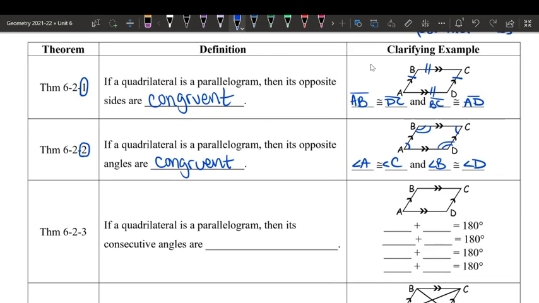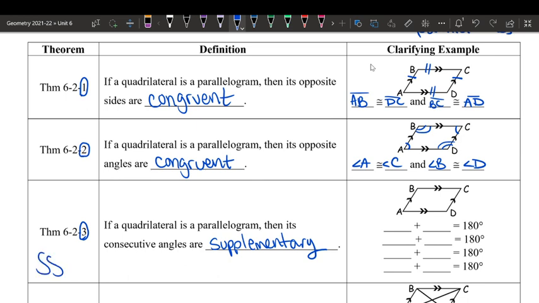The third thing that we know about the figure, if it's a parallelogram, is that consecutive angles are supplementary. When we went over parallel lines and transversals a while back, I used the phrase same side supplementary, SSS.